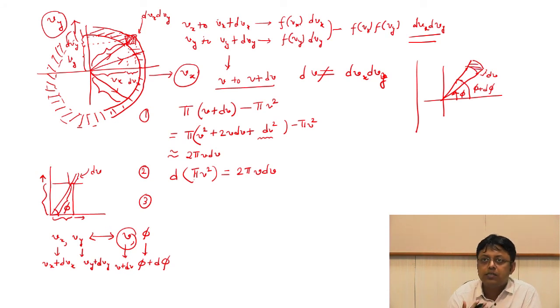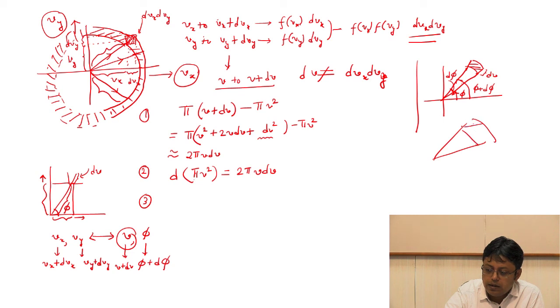Now the question is, what is this area? Now you can easily figure it out. So if this angle is now d phi, and d phi is small, then we can write this entire area as, look at it here. So what is this length? We are calculating this infinitesimal area, and this length is nothing but v.